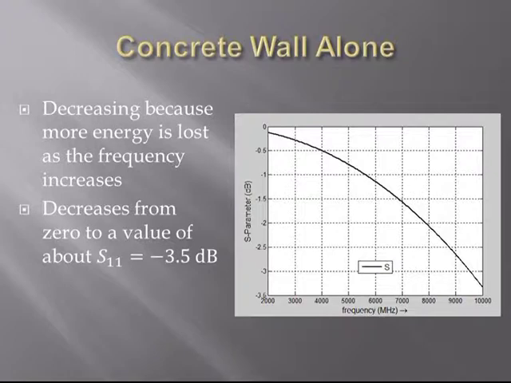For the concrete wall alone, we found that with increasing frequency, our S parameter values are decreasing because more energy is lost as the frequency increases. This range of S parameters goes from about 0 decibels to about minus 3.5 decibels on the logarithmic scale.